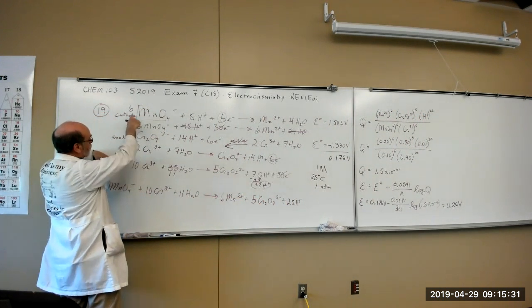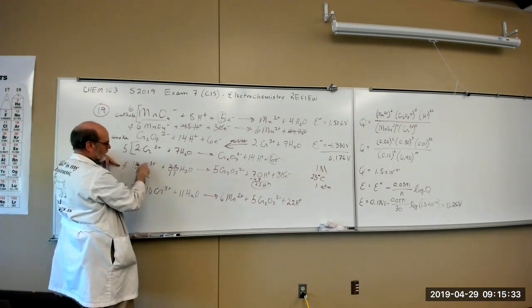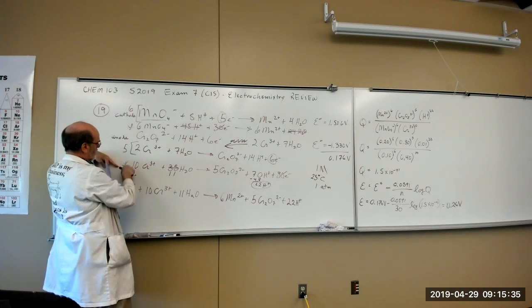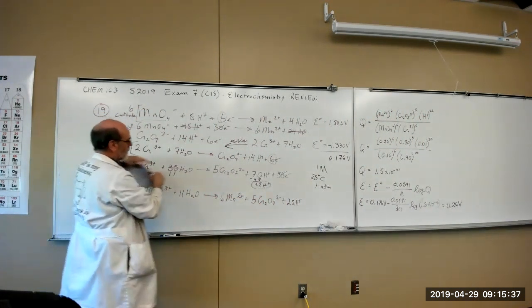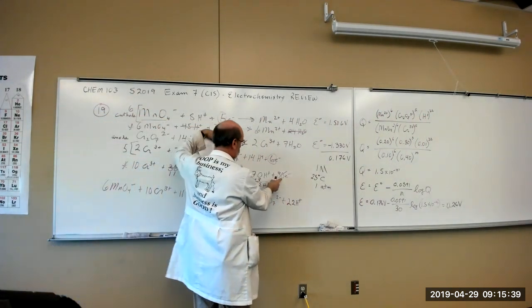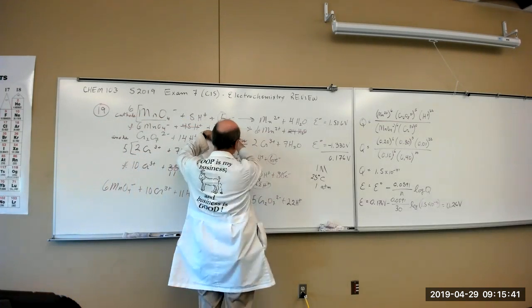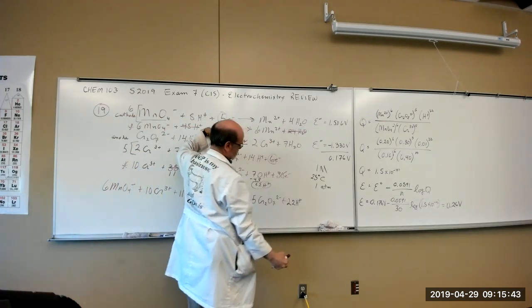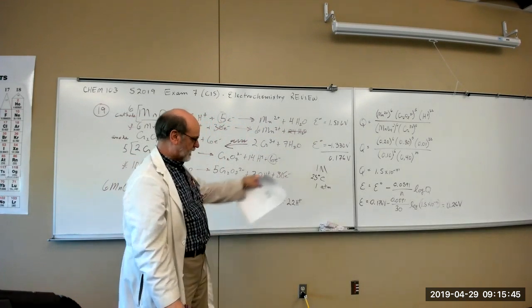We had multiplied each one to make sure that the electrons balance. So when we combine this one with this one, 30 electrons here, 30 electrons there have been transferred. Went from here to here. That's the value of N.